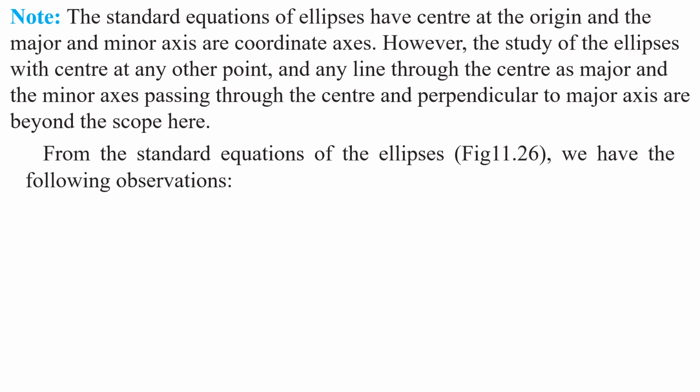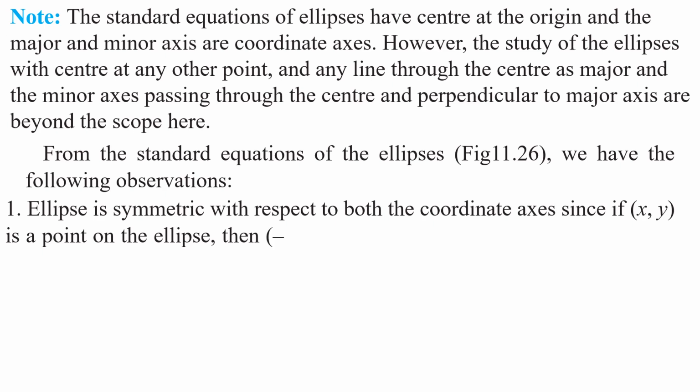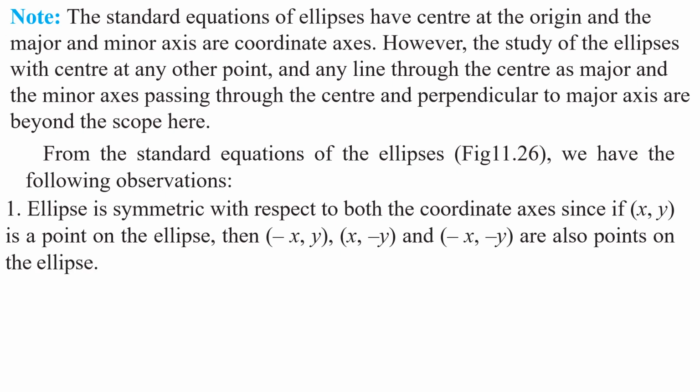We have the following observations. First point, the ellipse is symmetric with respect to both the coordinate axes. Since if the ordered pair (x, y) is a point on the ellipse, then (-x, y), (x, -y) and (-x, -y) are also points on the ellipse.